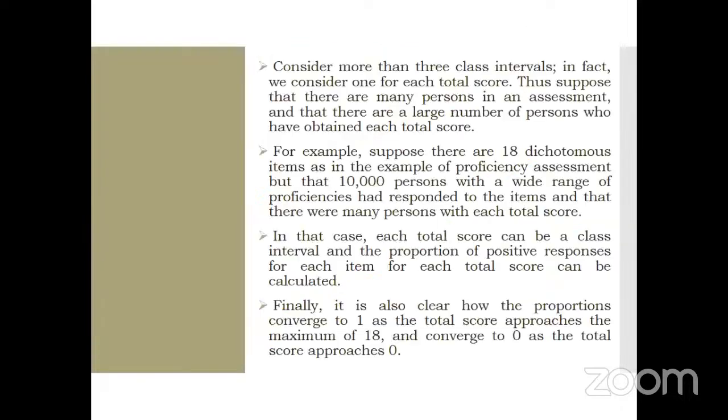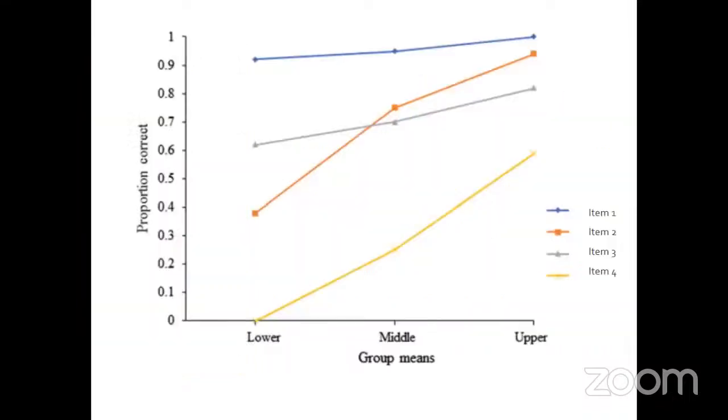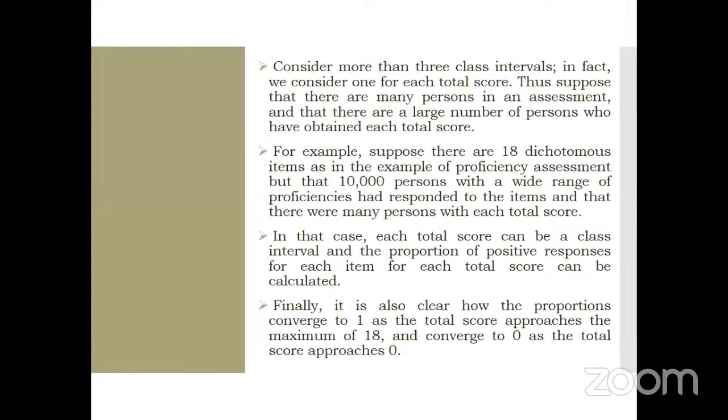Now, consider more than 3 class intervals. Here we had 3 class intervals: the lower group, the middle group, and the upper group. Now suppose in a particular assessment, a large number of people, around 10,000, answered a number of items, say 18 items, and all of them got some total score.